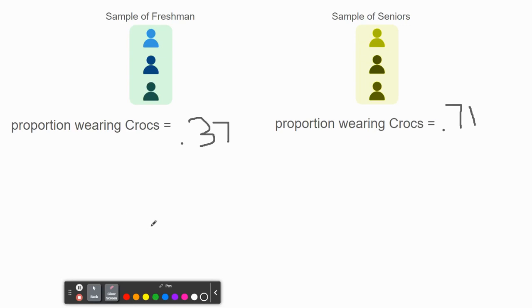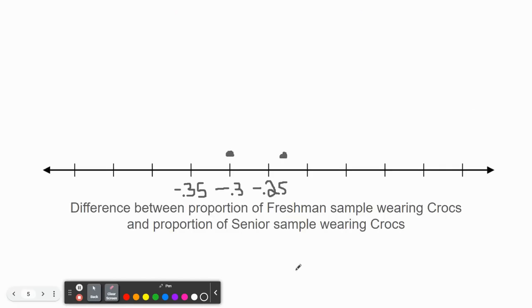I calculate the difference in those proportions. So let's say 0.37 minus 0.71, which is negative 0.34. So back on my number line graph, negative 0.34 is going to be somewhere around here. So I'm putting a dot to show that I got a difference in proportions between my samples of negative 0.34.